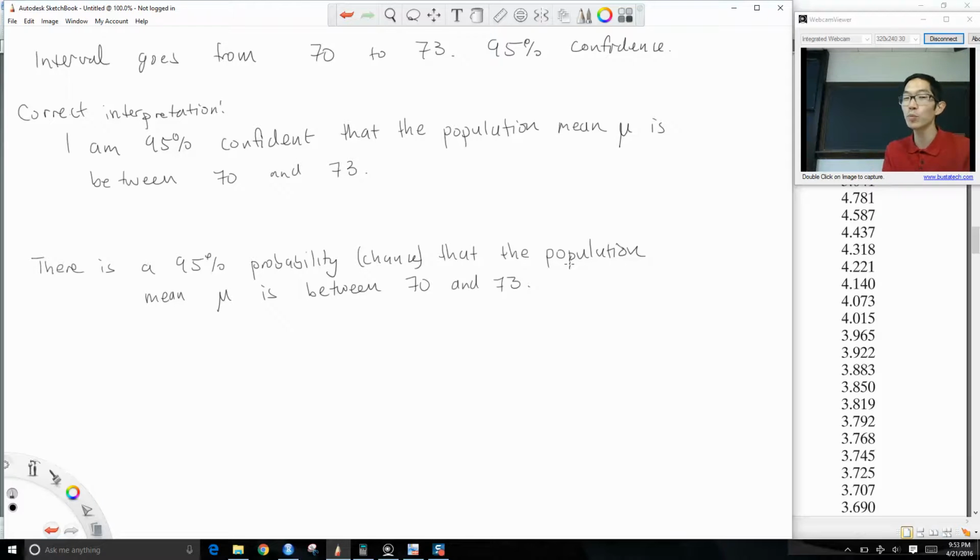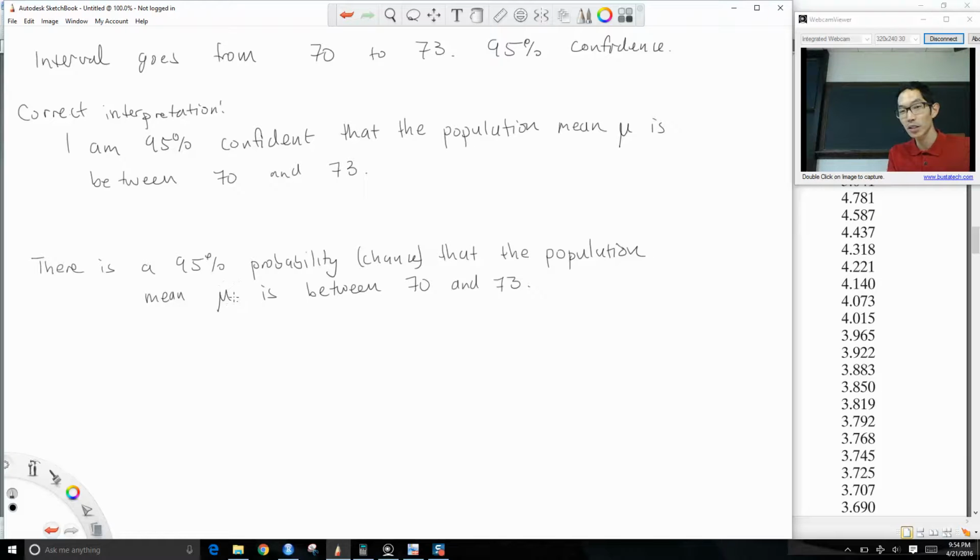And in the same way, we believe that the population mean mu is a fixed value. There's no uncertainty in here. If we could freeze time right now and observe the population, we would get a value for the mean mu, and that's some number. There's no probability associated with it. We don't know what it is, but it's fixed. There's no uncertainty, so it doesn't make sense to talk about probability.